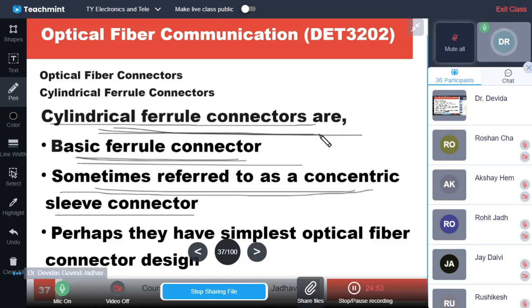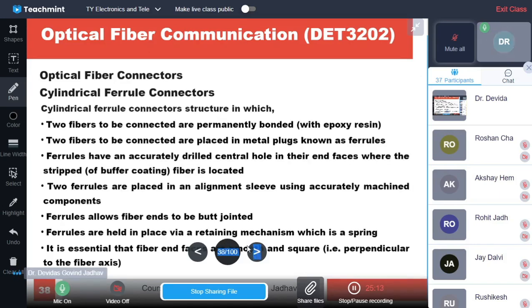These cylindrical ferrule connectors perhaps have the simplest optical fiber connector design. That is their special advantage. They are called basic ferrule or concentric sleeve ferrule, and they have the simplest optical fiber connection design, so they are very simple in design.